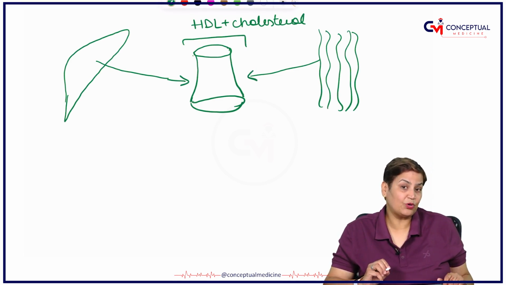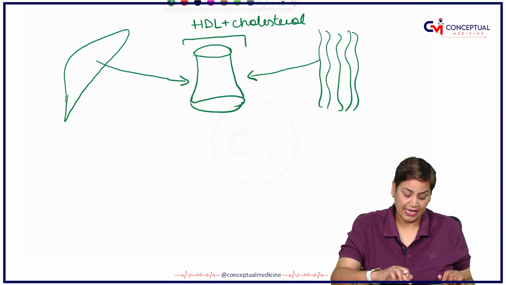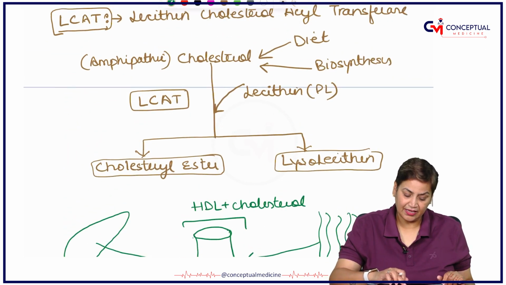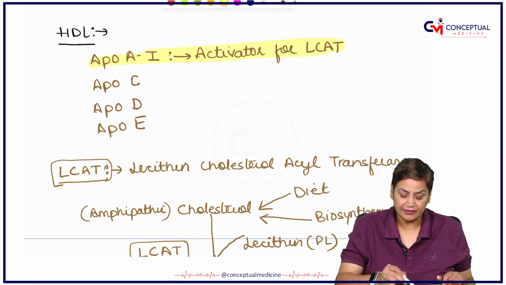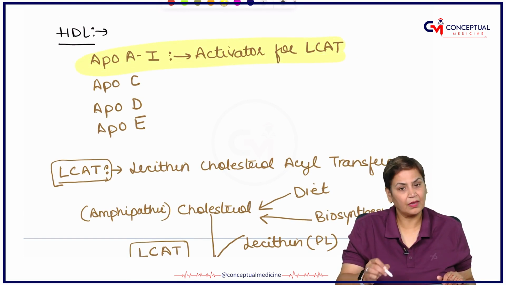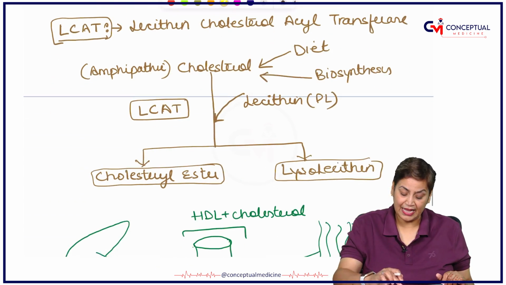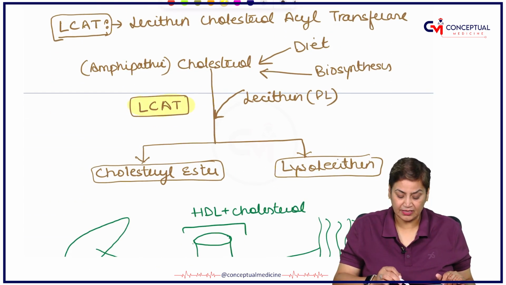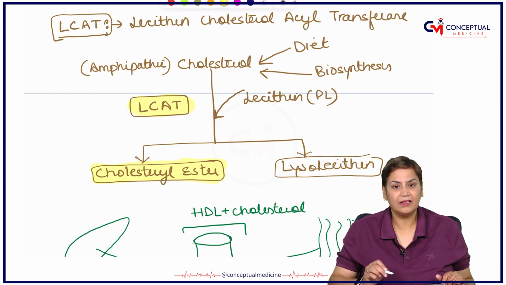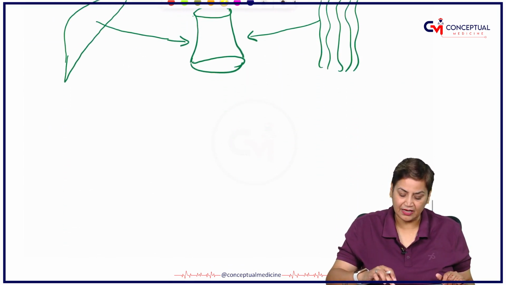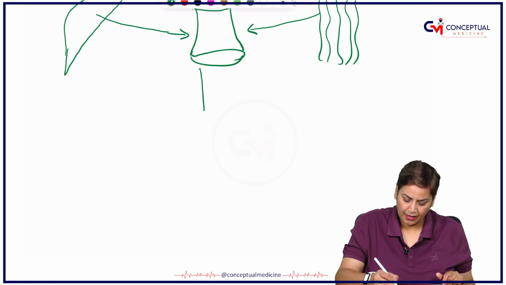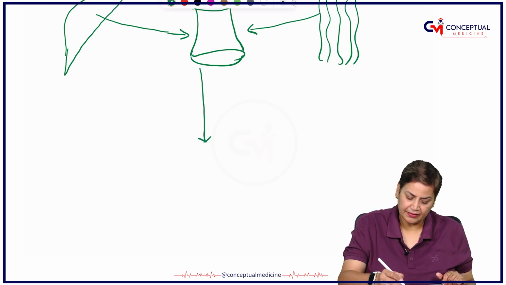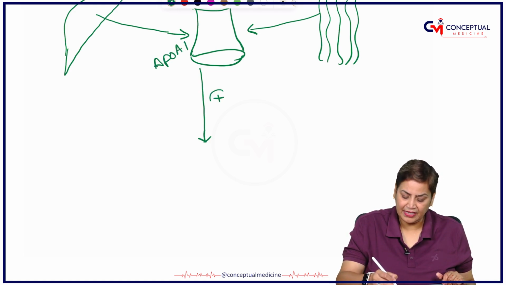It has which apoprotein? Apo A-I, as I have mentioned here. Apo A-I is activating LCAT. What is the function of LCAT? LCAT leads to the synthesis of cholesterol ester. That is exactly what happens here. So Apo A-I is activating LCAT.